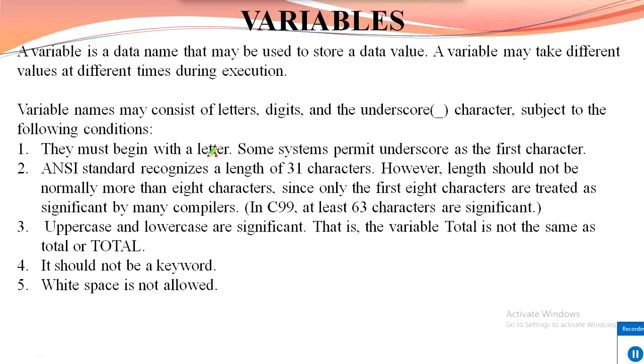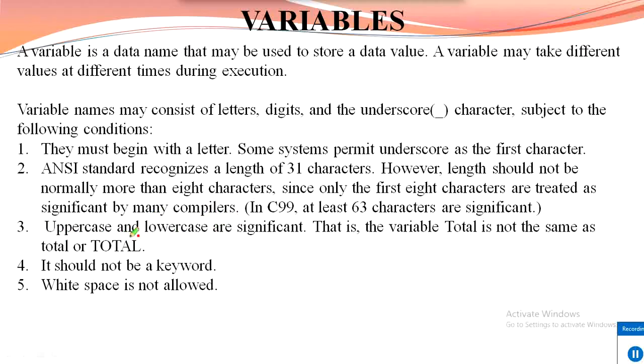There are certain rules. First, they must begin with a letter. Some systems permit underscore as a first character. The ANSI standard recognizes a length of 31 characters only. However, length should not normally be more than 8 characters, since only the first 8 characters are treated as significant by many compilers.